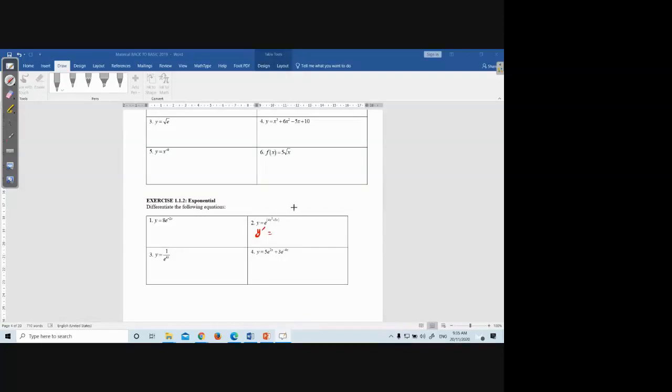So y prime, remember this? When y is e to the power f(x), y prime is f prime x times e to the power f(x). So let's differentiate 4x squared plus 5x. We get 8x plus 5, very good.